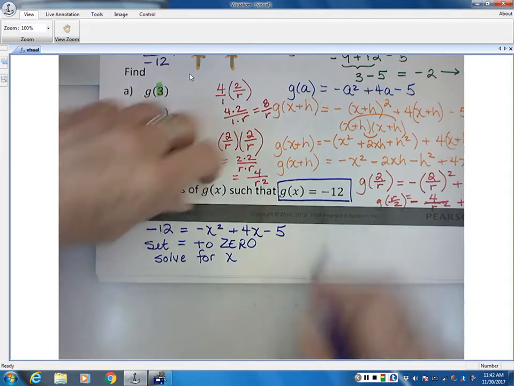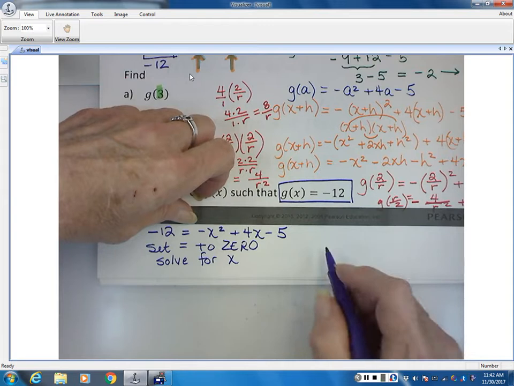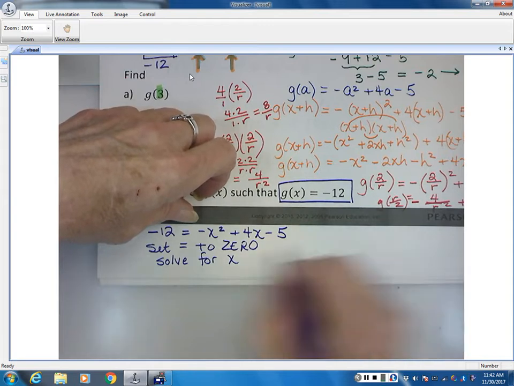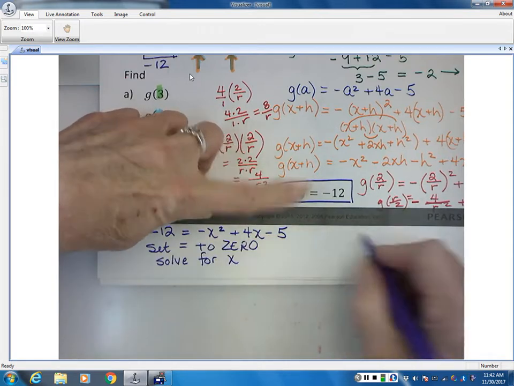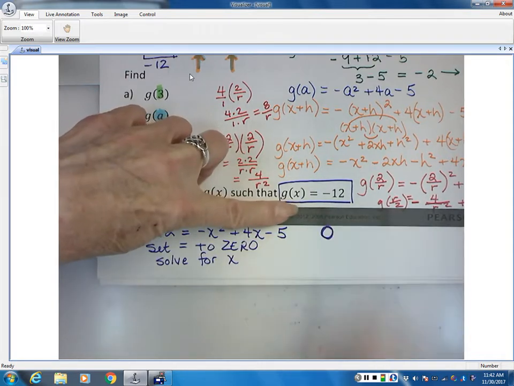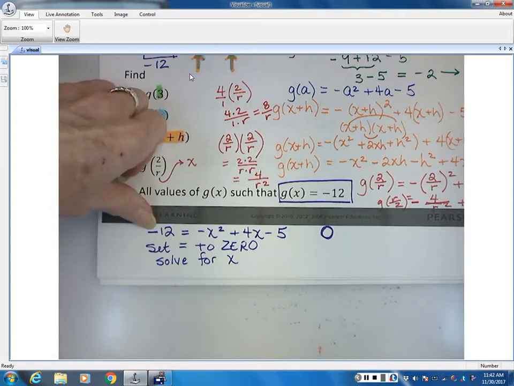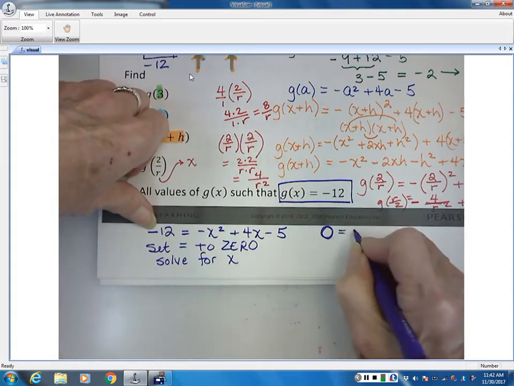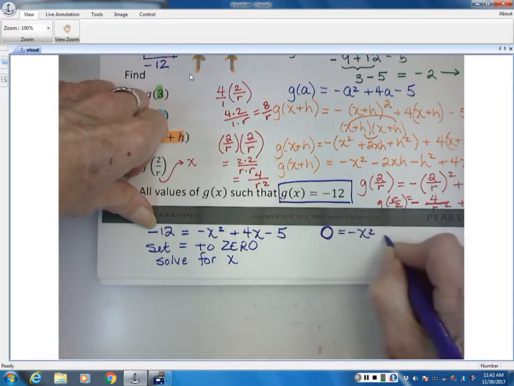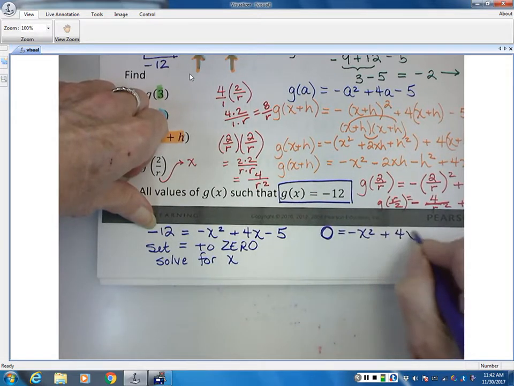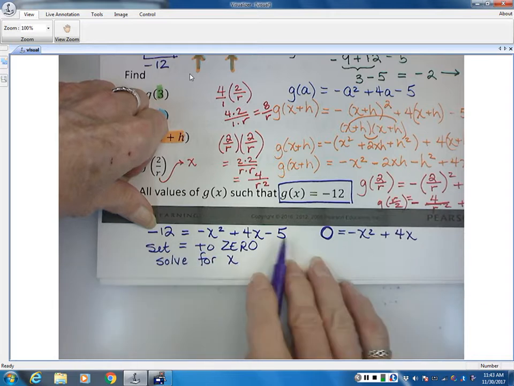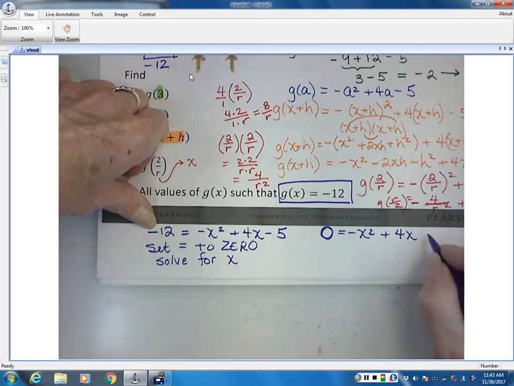So when I set it equal to 0, I'm going to put plus 12 on both sides, which starts out with this being 0, equal to negative x squared plus 4x, and negative 5 plus 12 is plus 7.